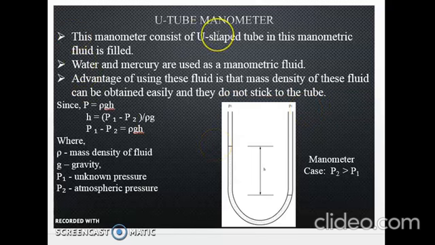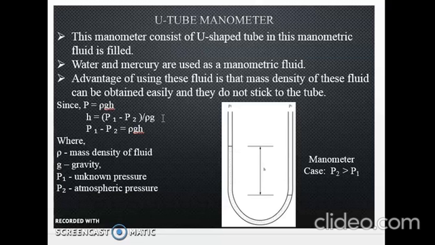This manometer consists of a U-tube as shown in this figure, in which manometric fluids can be used. The manometric fluids would be water, mercury, and any other liquids. The advantage of using these fluids is that the mass density of the fluid can be obtained easily and they do not stick to the tube.